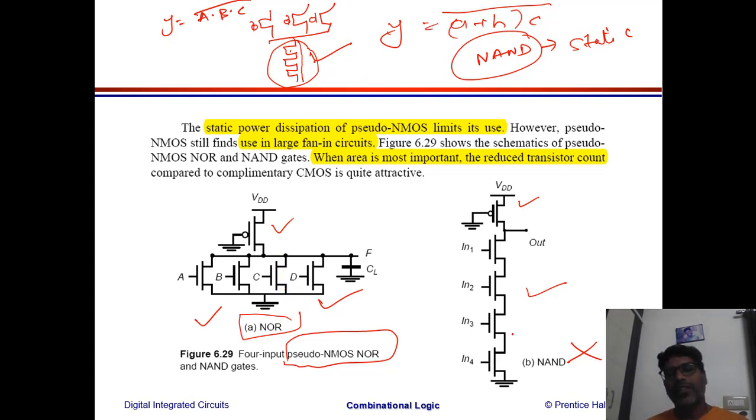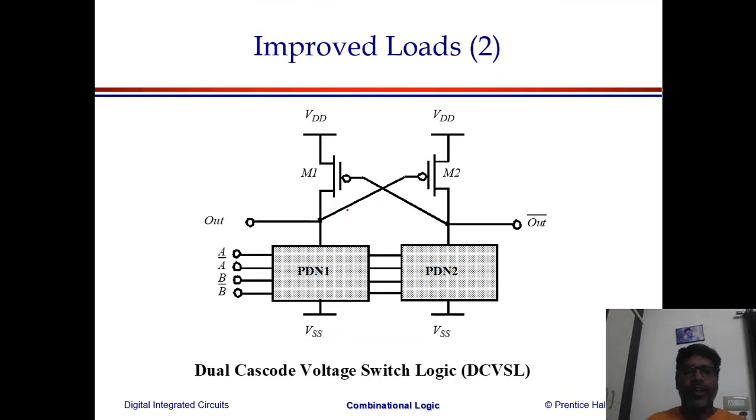Whereas in the NAND type, you have 4 which have been stacked one above the other. So definitely we will not prefer this. We will prefer NOR. So the answer is very simple. When it comes to ratioed or pseudo NMOS, we will be preferring NOR, whereas in static we will be preferring NAND.